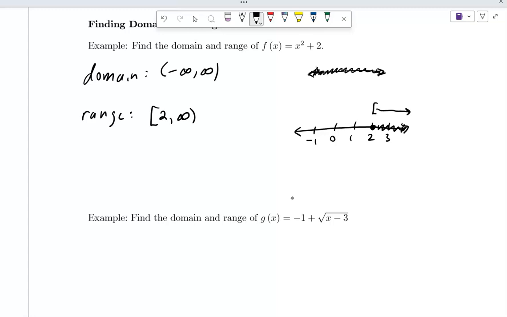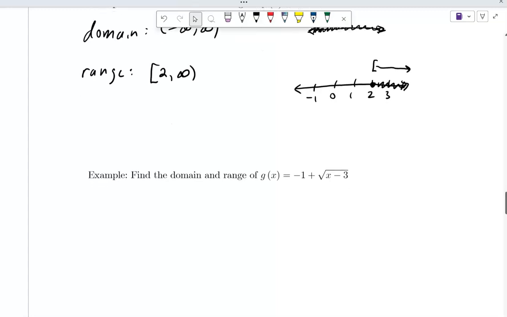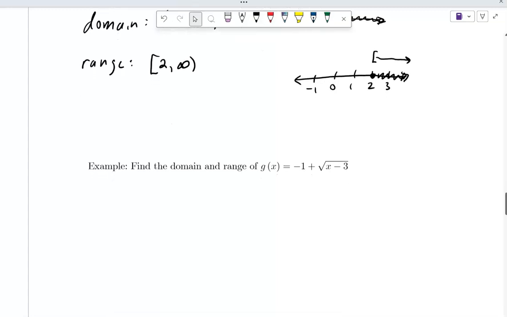Let's look at the next one for domain and range. Now, I just told you, for domain purposes, there are 2 big issues you have to worry about. Could I possibly divide by 0? Could I possibly take the square root of a negative number? We could possibly do a square root of a negative here, right?